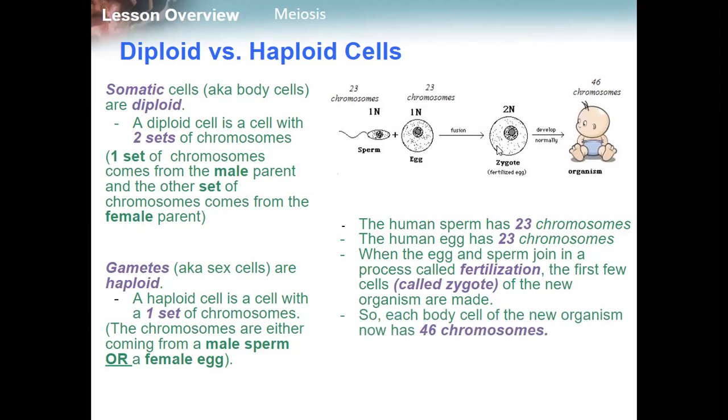So that's why these cells that will make up the baby's body will have not 23 chromosomes, but 46. The reason why is because, like we said, these body cells are diploid. That means it has mom's information and dad's information. So we're going to add both numbers of chromosomes together.